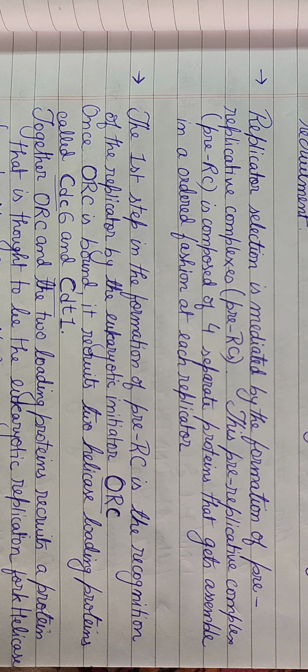The first step in the formation of the pre-replicative complex is recognition of the replicator by the eukaryotic initiator, ORC. So the first protein which binds to that replicator region is ORC.